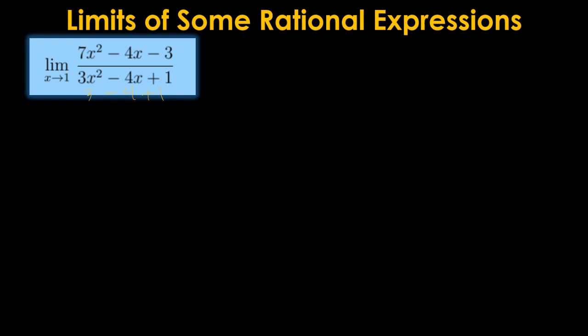Now, let's do something else in this problem, and that is, we factor out the expressions here, our numerator and our denominator. Let's start from the numerator, using the FOIL method and the trial and error method.